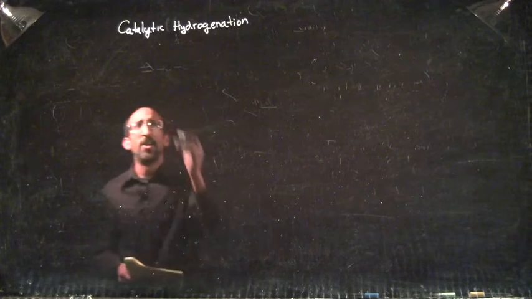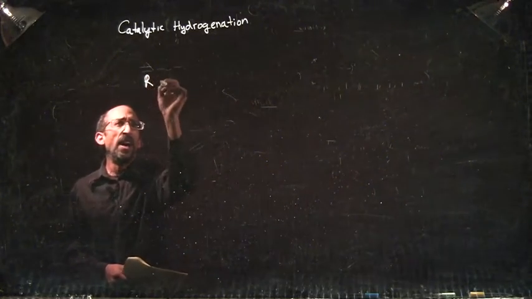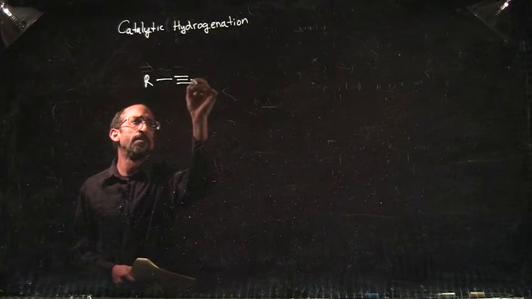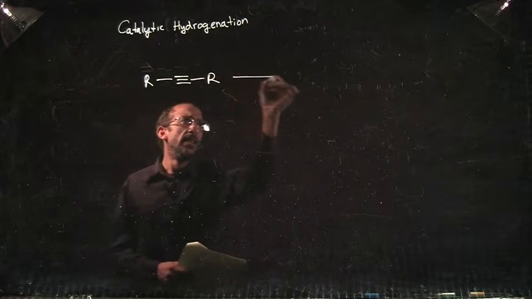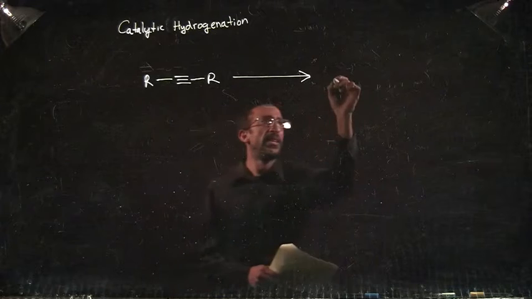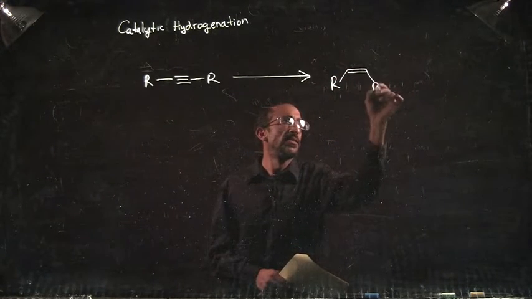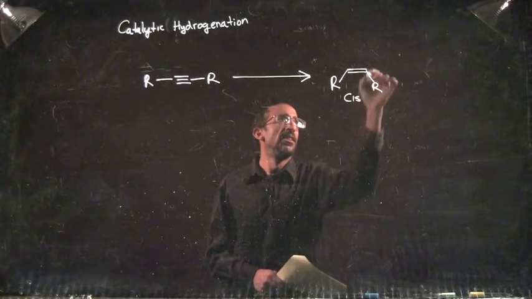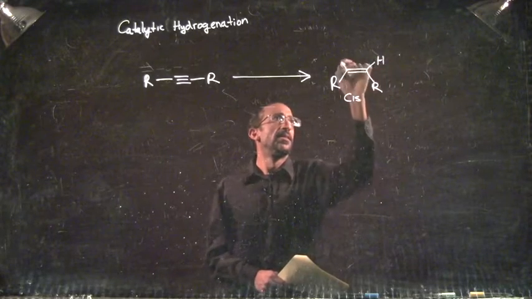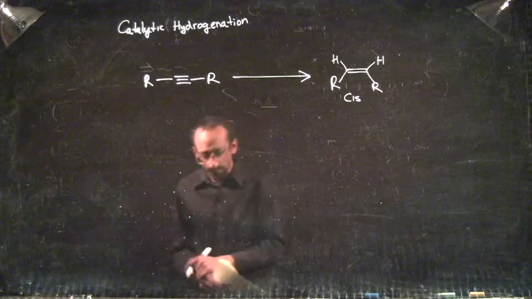Okay, so as promised, how can we convert this alkyne into a cis alkene?